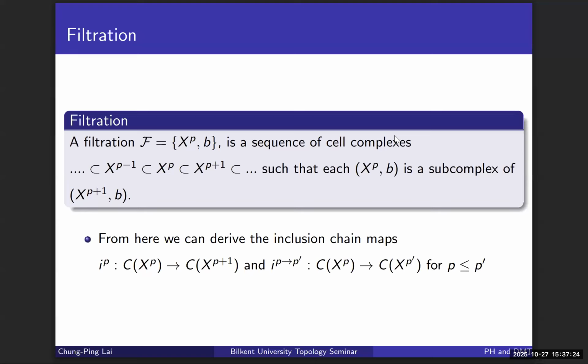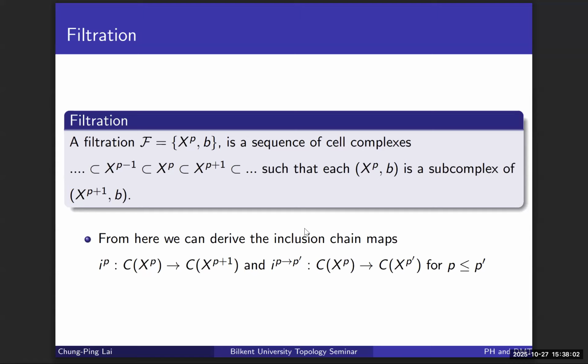If we realize this in terms of chain maps, looking at the associated chain complexes of each of the cell complexes, then we can derive these inclusion chain maps, because the basis of the dimension d chain group is the dimension d cells.